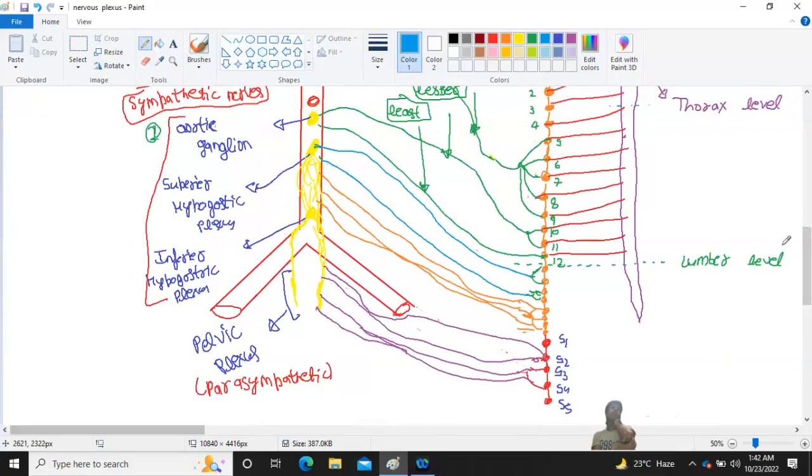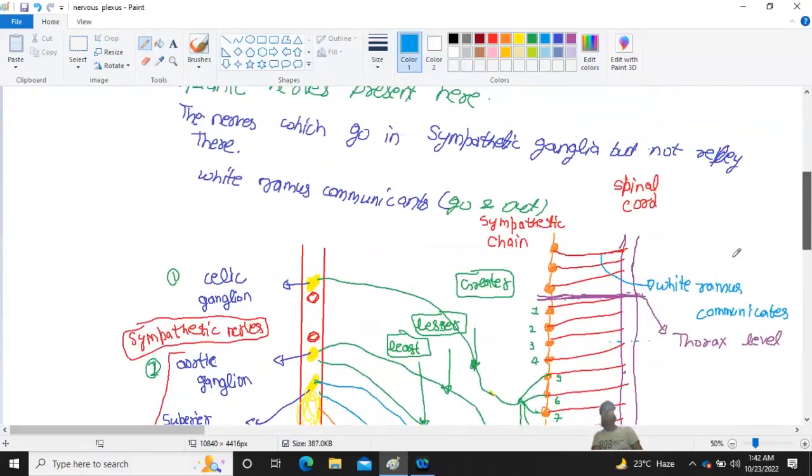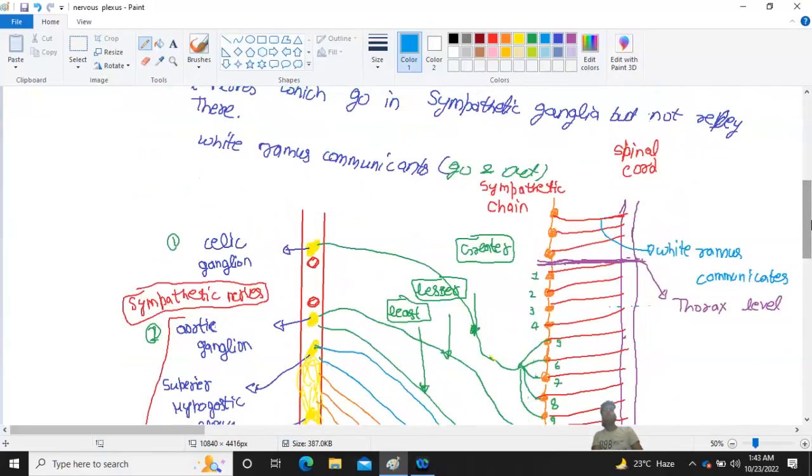Then we have the inferior mesenteric ganglion, and the spermatic plexus also connects here. The superior and inferior hypogastric plexuses are continuations, passing deep down even below the bifurcation of the aorta. Here this is called the pelvic plexus. The pelvic plexus connects to the parasympathetic splanchnic nerves. This is the spinal cord, sympathetic chain, all and all.